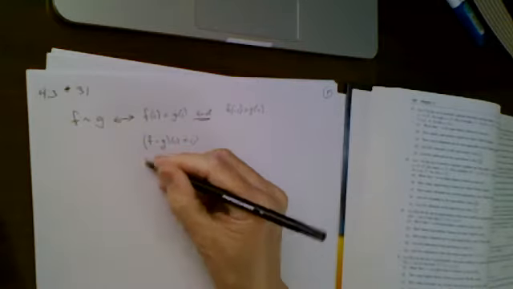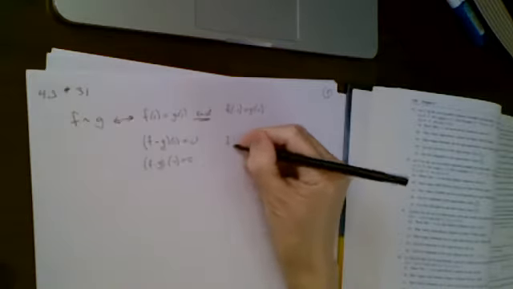This means if you take the polynomial f minus g and plug in 1, you get 0. If you take the polynomial f minus g and plug in negative 1, you get 0. That means the polynomial f minus g has both 1 and negative 1 as a root.